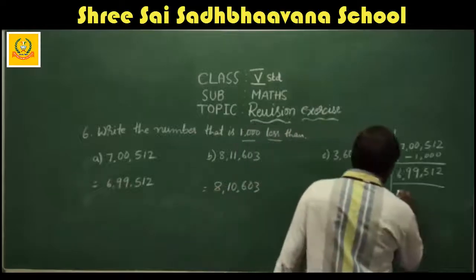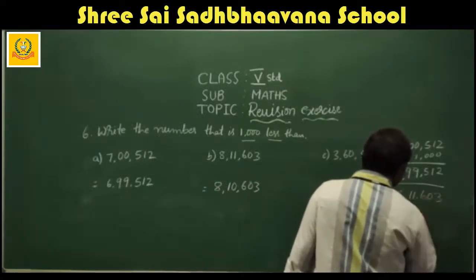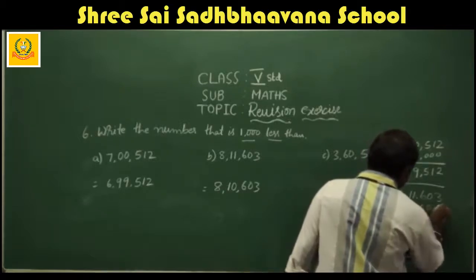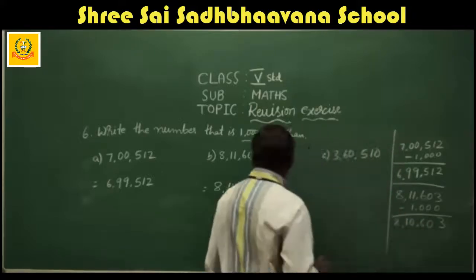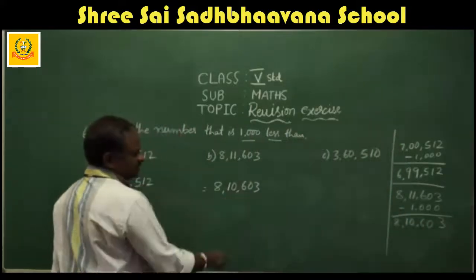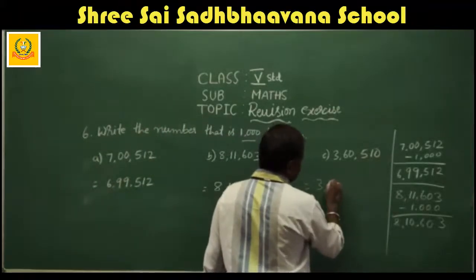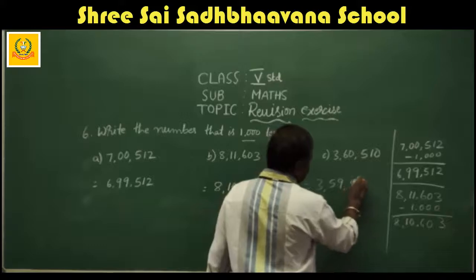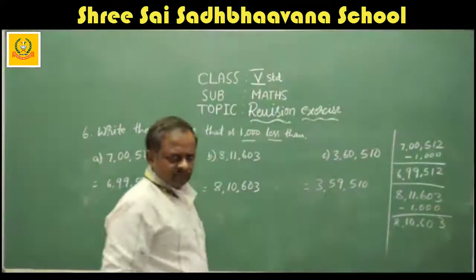If you have doubt, I will subtract here 8 lakh 11,603. In this you subtract 1000. So 8 lakh 10,603. When you come to here, it is 3 lakhs 59,510. 60 minus 1, 59.